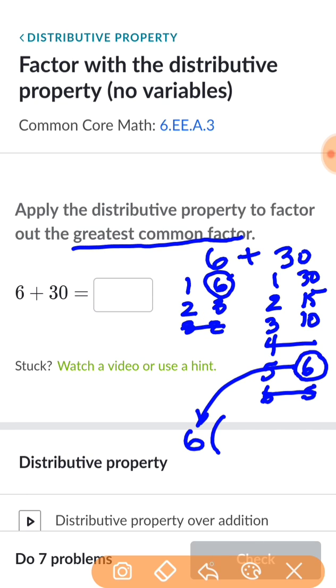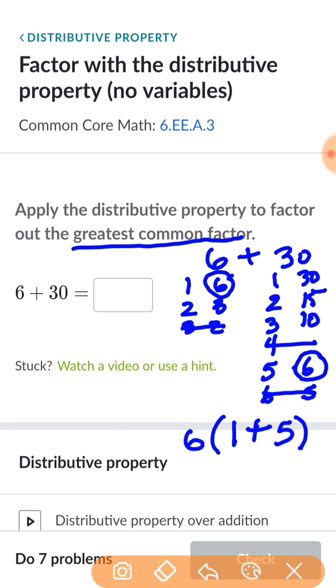Then we ask ourselves, what number do we multiply 6 by to turn it back into the original 6 in 6 plus 30? Well, the answer is 1. 6 times 1 is 6. You could have also said 6 divided by 6 gives you 1. And then plus 30 divided by 6 gives you 5.